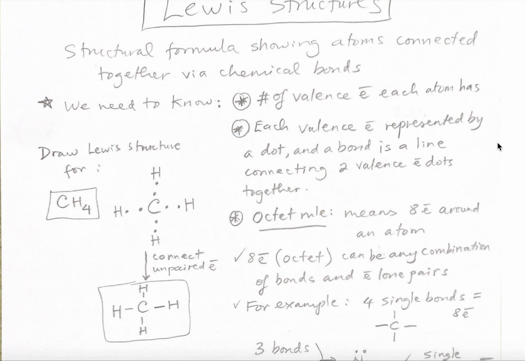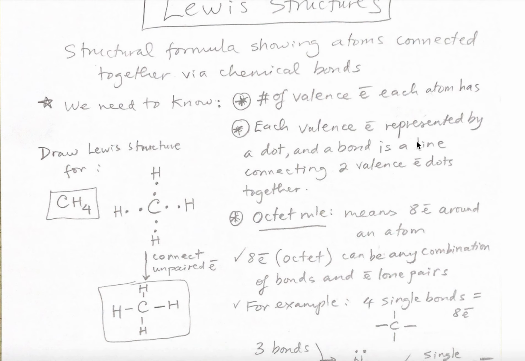Move on to 14. You notice carbon is in group 14, drop the 10, so we have 4 valence electrons. Group 15, nitrogen, 5 valence electrons, oxygen, 6 valence electrons, so on and so forth. Okay? So that's the first one we need to know. These are the foundation concepts.